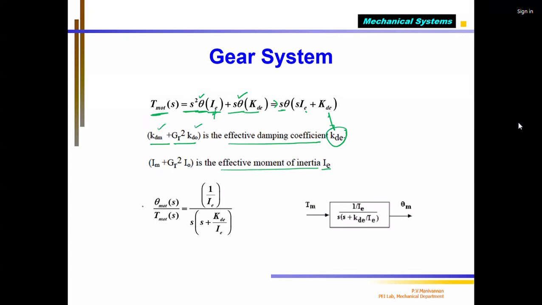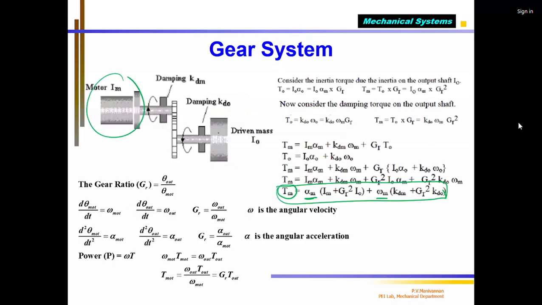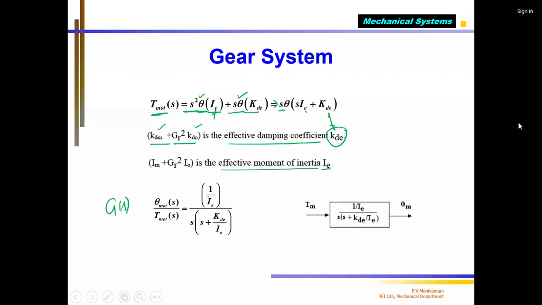So I can write the transfer function of the motor driving a load through a gear. The transfer function can be written in terms of theta motor divided by T motor, right?